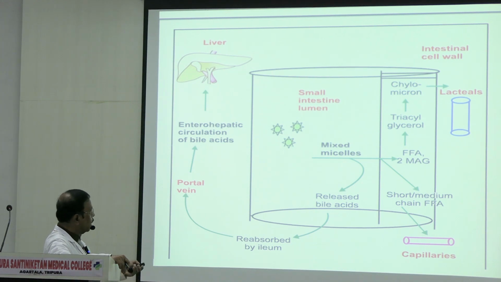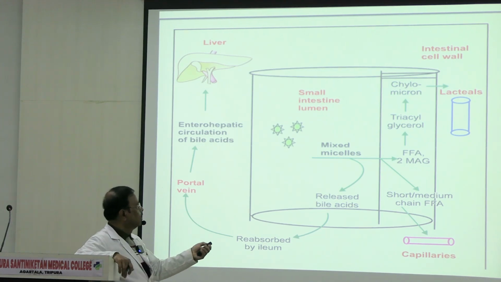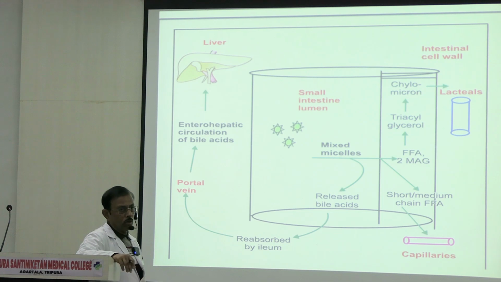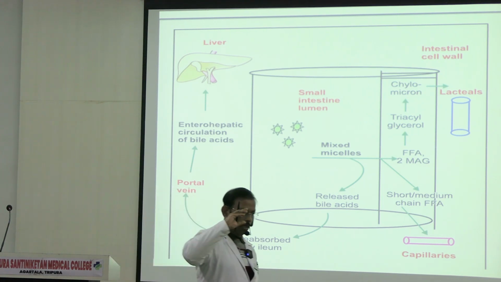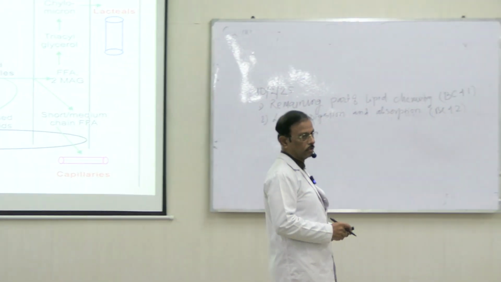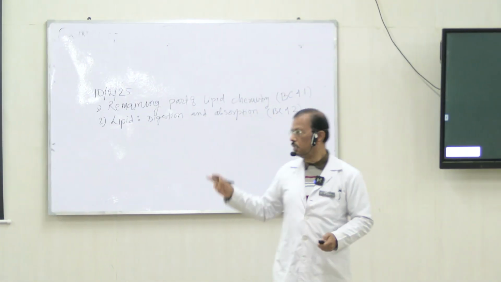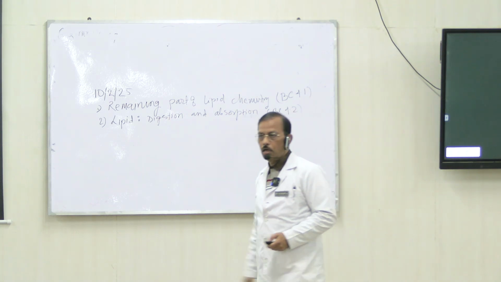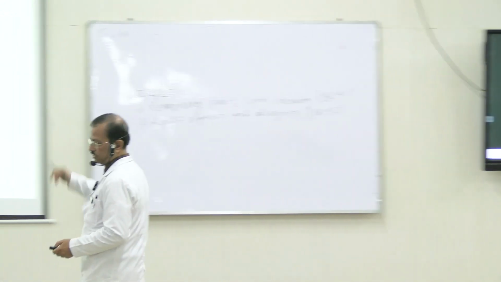So now these things inside the cell are ready for absorption, and absorption is facilitated by forming chylomicrons. How are they absorbed? Chylomicrons are brought to the periphery of the cell, and through exocytosis the material is released into the lacteals.